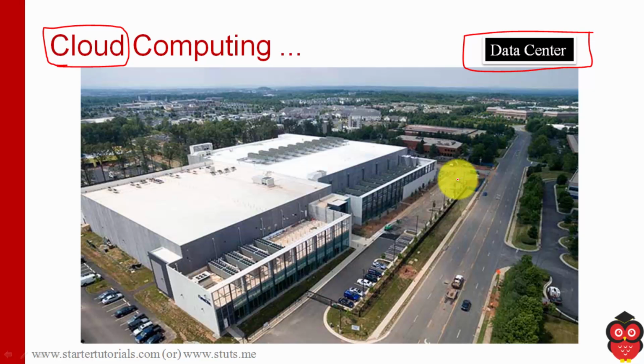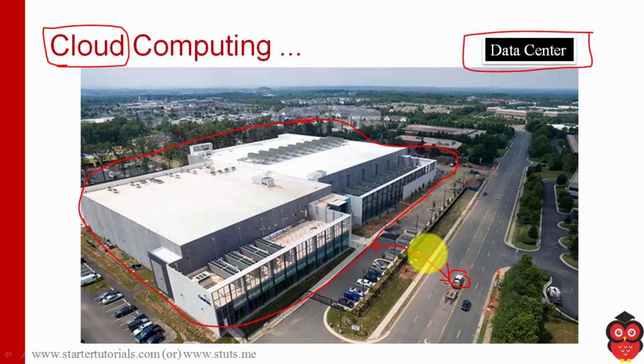Some of them are maintained by Amazon, some by Google, some by Microsoft, some by IBM, and so on. You can see these are very large in size. This is a single data warehouse, and you can see on the road there are cars. Now you can compare the difference in size between them.